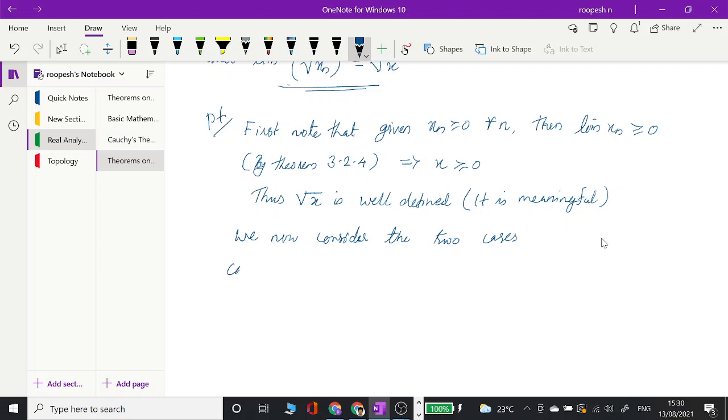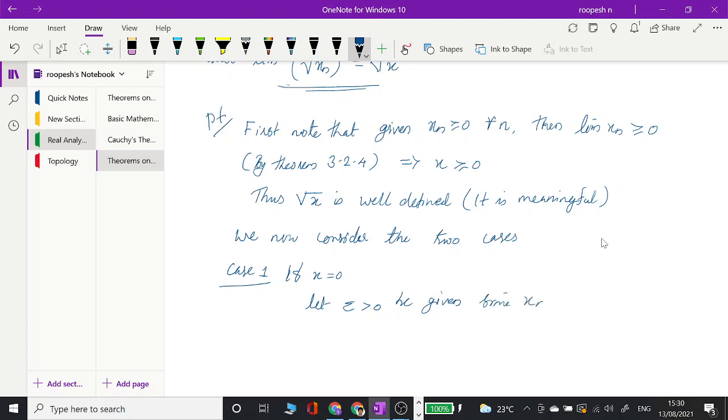Case 1: if x equal to 0, what will happen? Let epsilon greater than 0 be given.